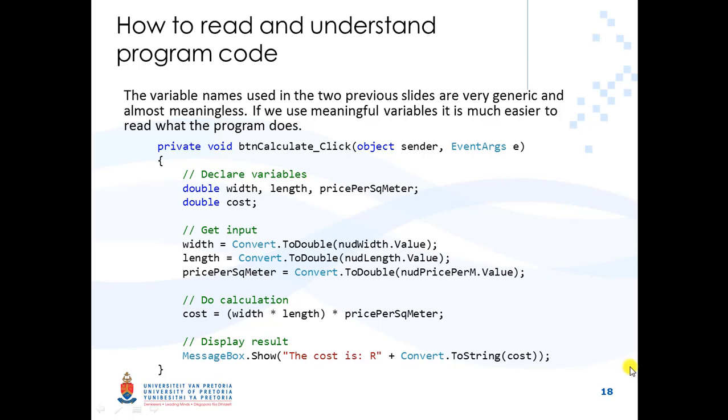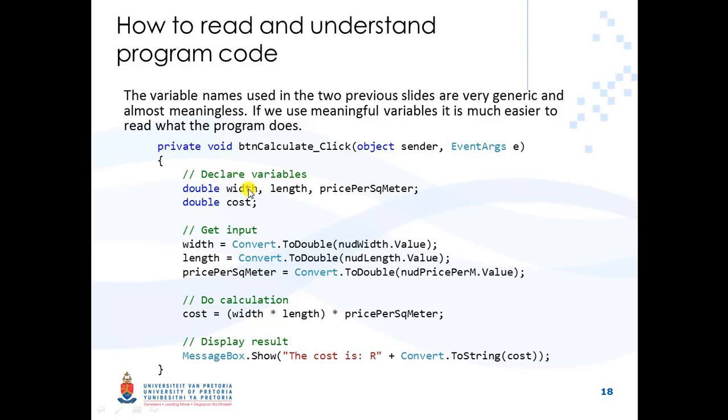Instead of input 1 and input 2, we have the variables width and length, and then price per square meter. And then the output is changed to cost. Okay, so the logic is exactly the same. We've only changed the variable names to give us an idea of what the content of that variable will be.